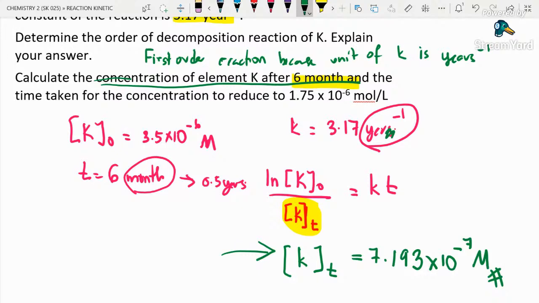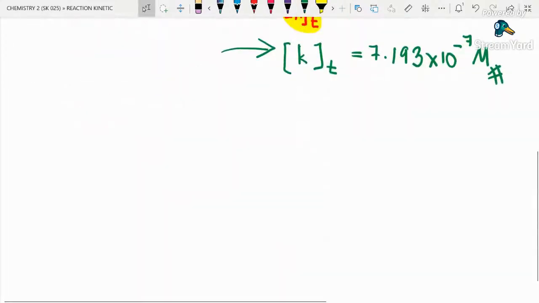Okay, and the time taken for the concentration to reduce to. Now try to look at the notes. What does half-life mean? What is the definition of half-life?